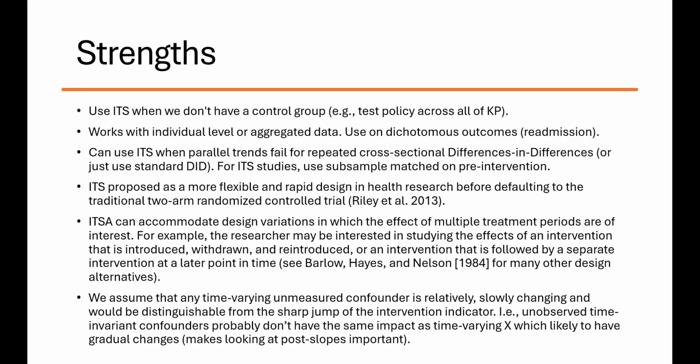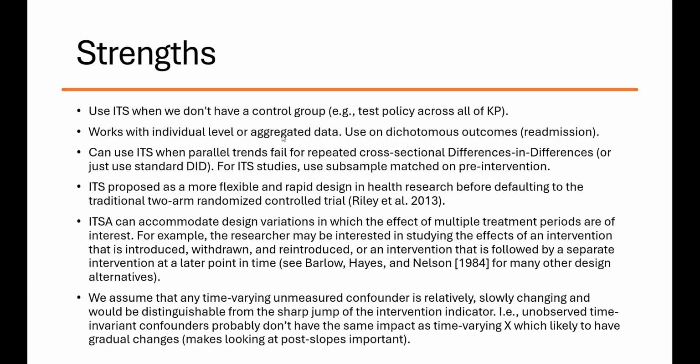If you wanted to test a policy, or some intervention or practice, in which everybody in your population is now exposed to that intervention or big change, you don't have a control group, but you can still get what we call a counterfactual from an interrupted time series analysis. So you can test cause and effect with only the treatment or intervention group.